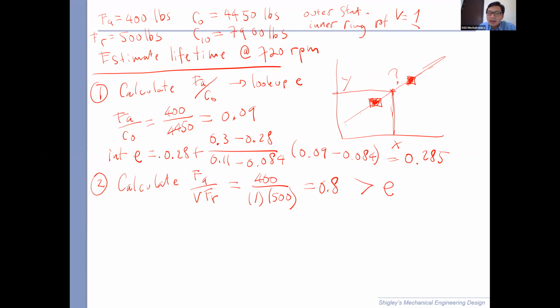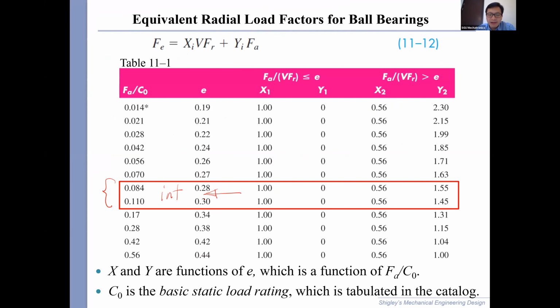Again, whether you need to interpolate or not, if you go ahead and do step 2, even the largest value here is 0.3. So you can say, forget about interpolation.